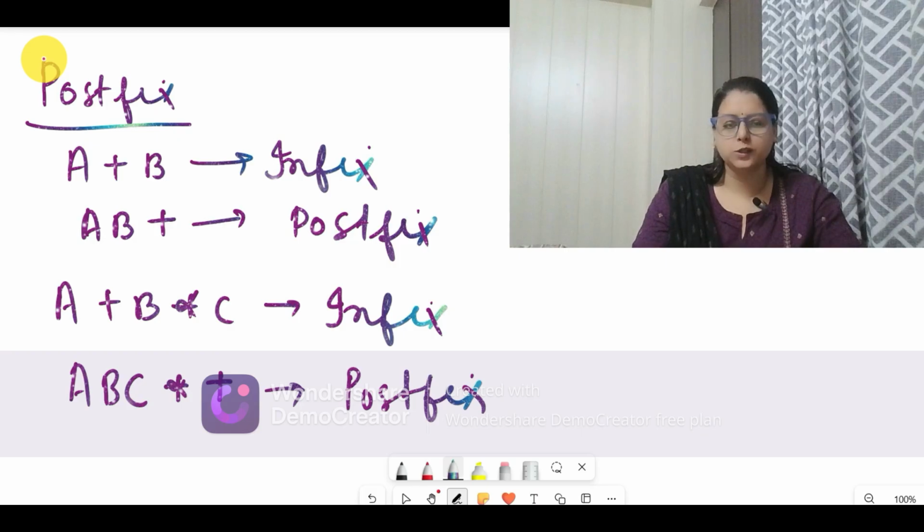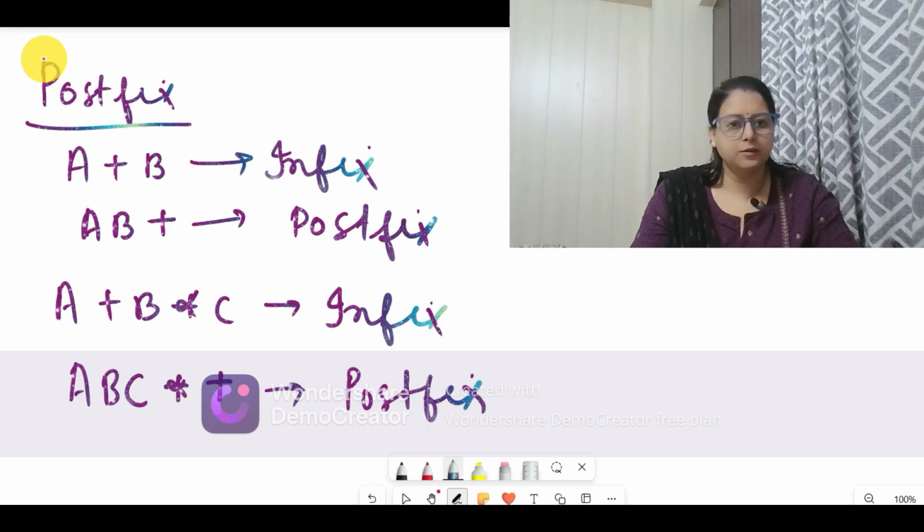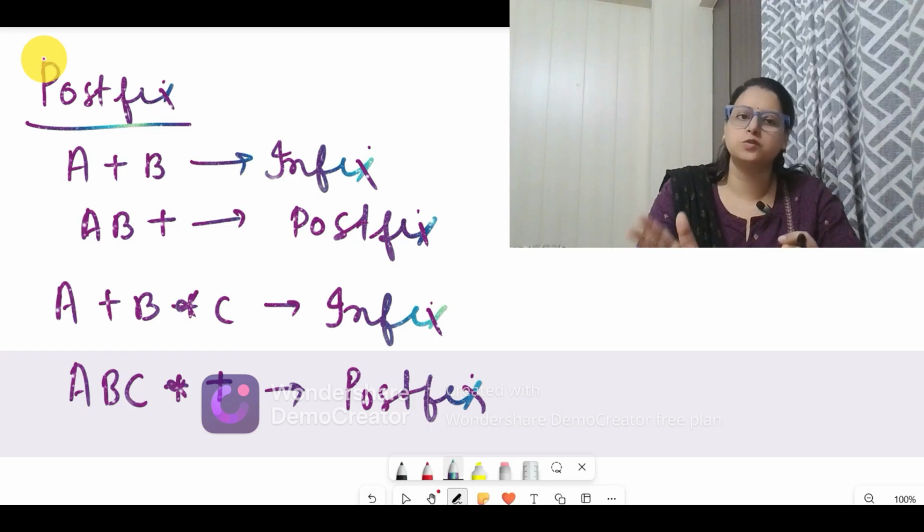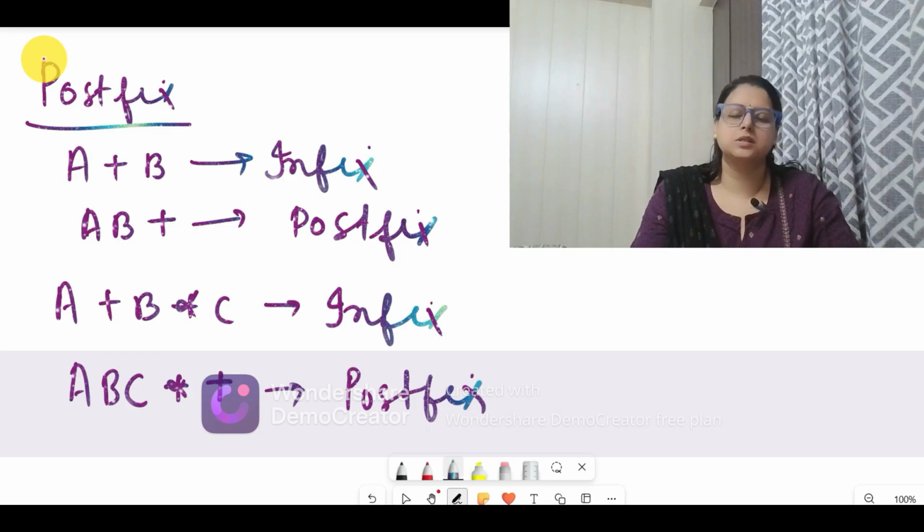So this is how expressions are evaluated in prefix, postfix and infix. Infix was familiar to us, and we use brackets there. Yes, we can use brackets and give them to the system, but the system faces problems. Brackets are not that convenient for the computer system. That is why postfix and prefix expressions are very useful for the computer system.